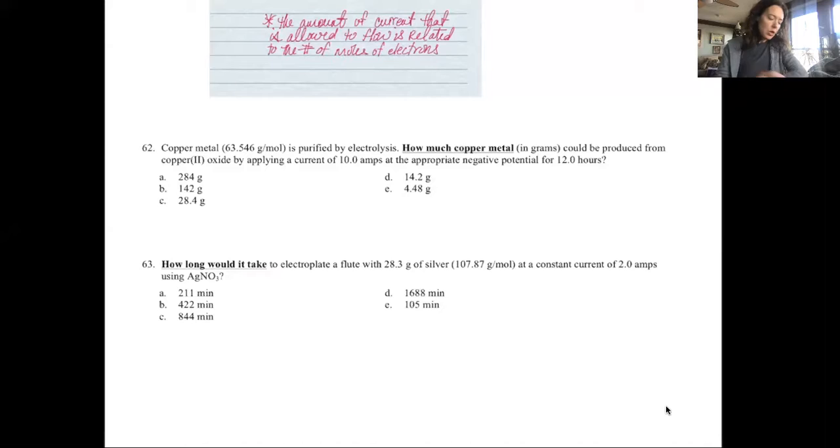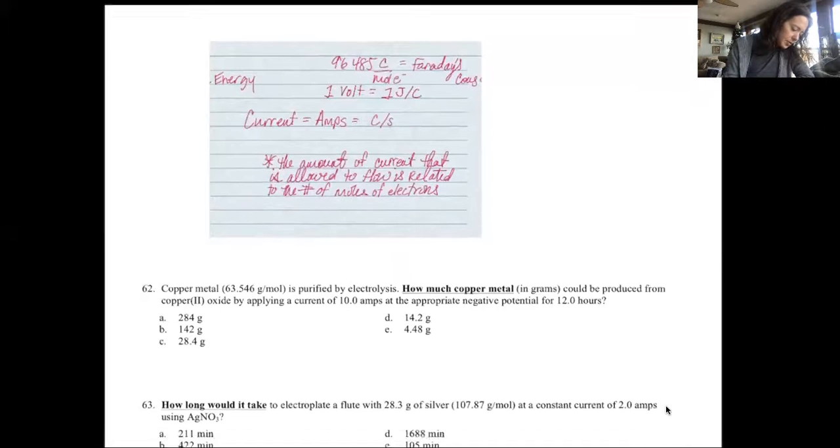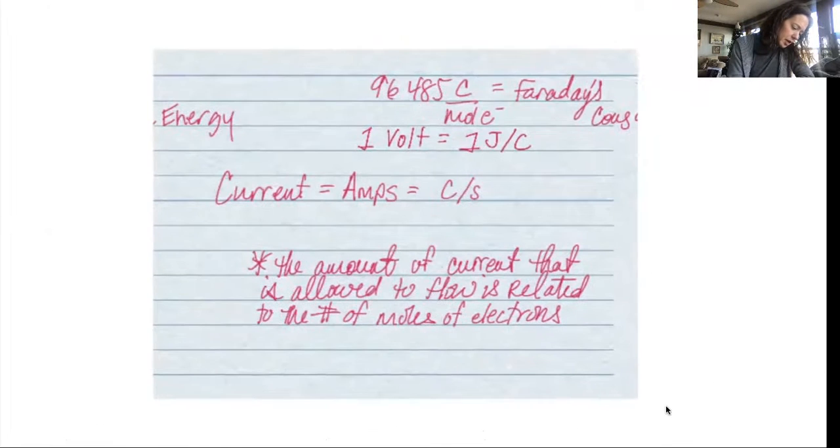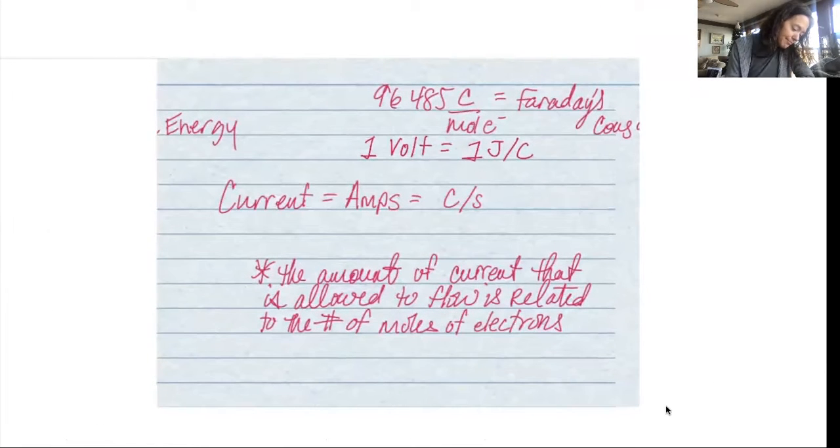Okay, so it's really all about your units, and they're hard to remember, to be honest with you. But this one's always easy for me to remember. Faraday's constant, right? It's a coulomb per mole of electrons. We know that a volt is a joule per coulomb. I don't think we'll be utilizing that too much here.